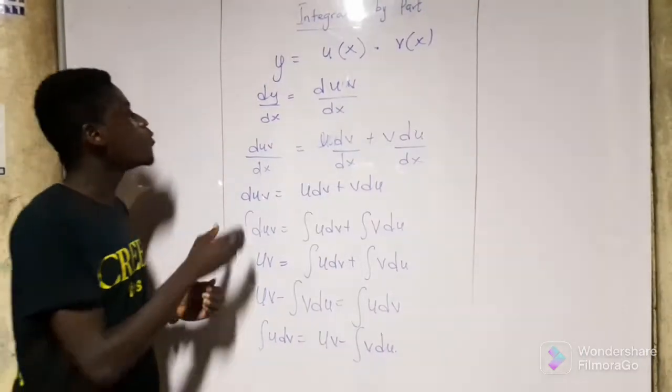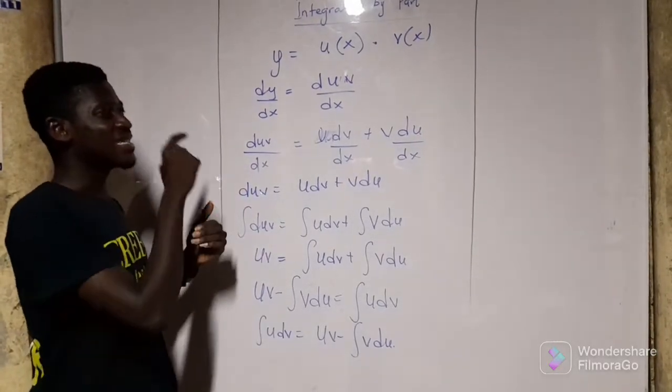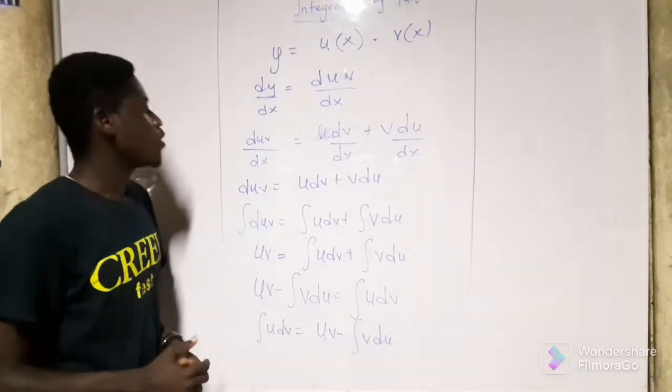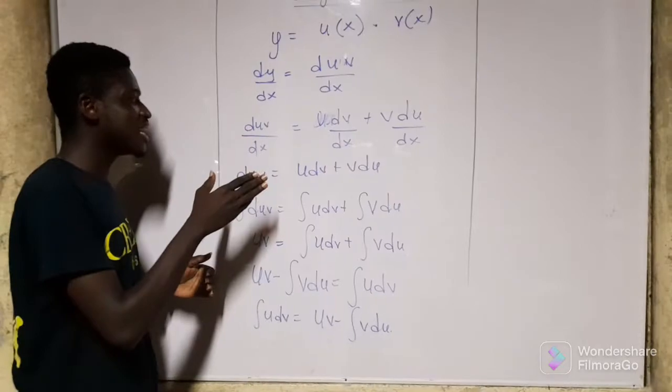Okay, so now we are saying that to differentiate y with respect to x, it is the same as differentiation of uv with respect to x. Good. So now dy/dx is the same as d(uv)/dx.